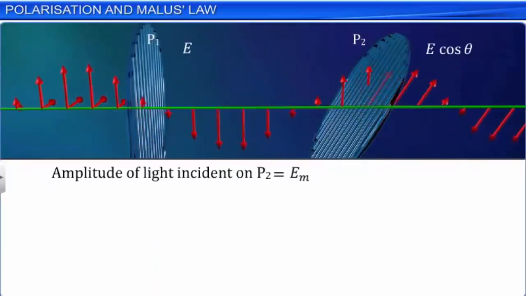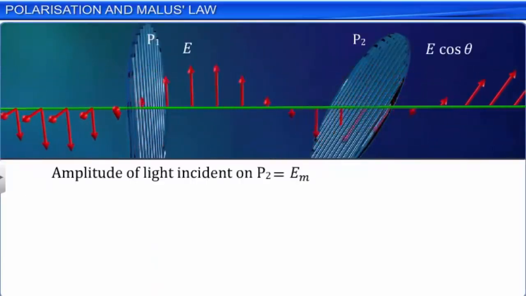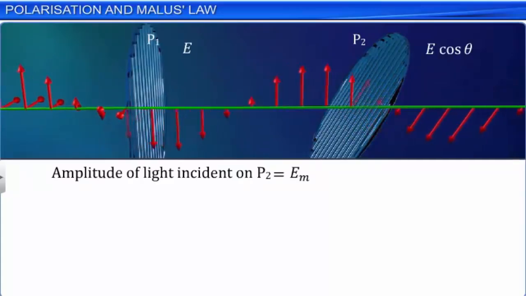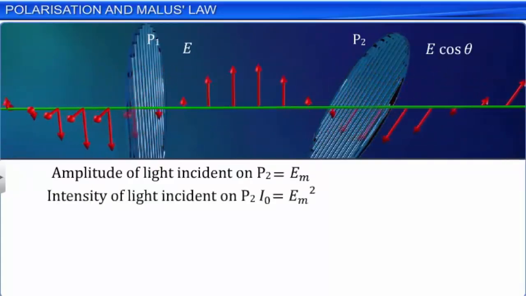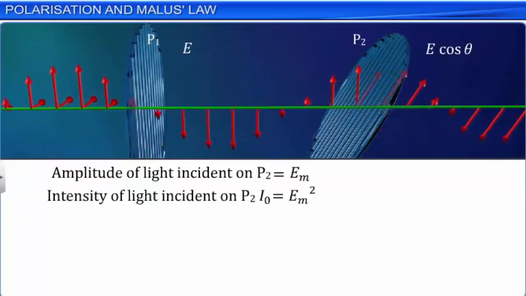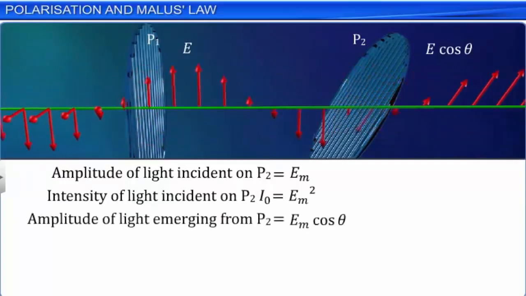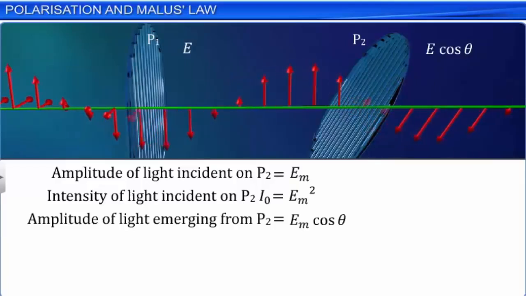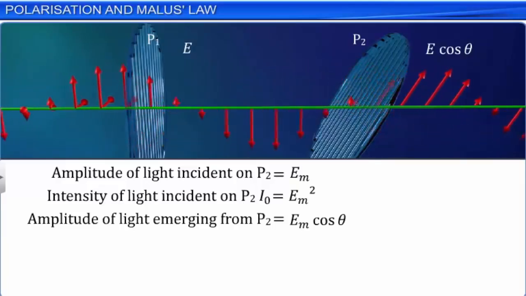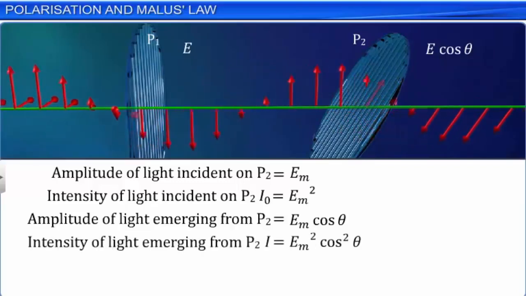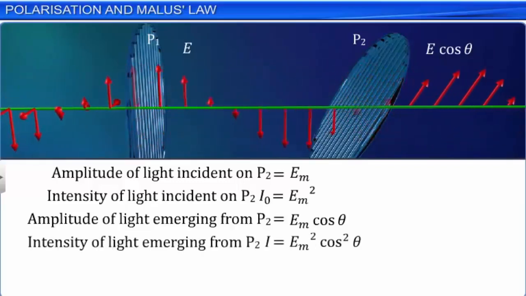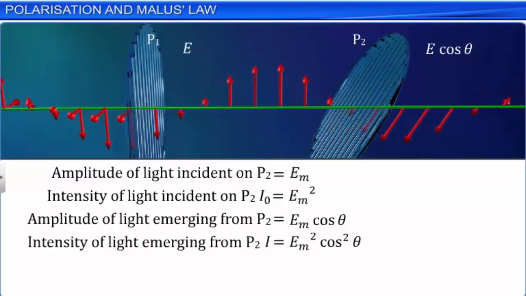If Em is the amplitude of the light incident on the Polaroid P2, then its intensity I0 is equal to Em squared. The amplitude of the light emerging from the Polaroid P2 is then equal to Em cos theta, and the intensity of light I emerging from P2 is equal to Em squared cos squared theta.